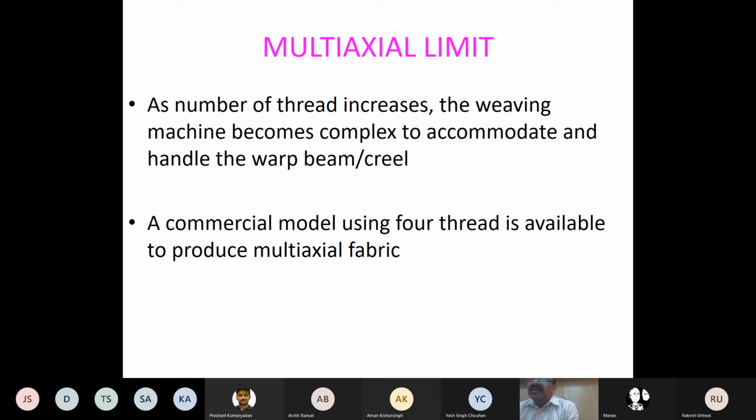But we must understand what are the limitations of high number of threads. As the number of threads increases, the weaving machine becomes complex to accommodate and handle the warp, beam and creel. More number of warp means more number of beams. If instead of 3 warp, I want 5 warp, I need 5 beams.